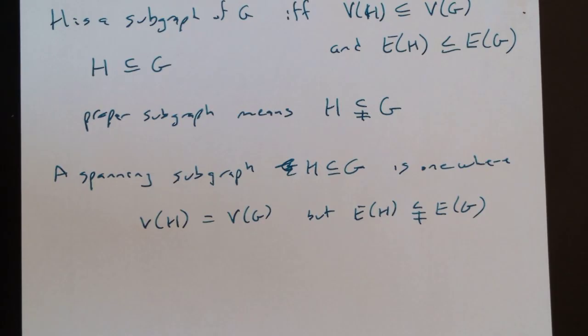I don't like that definition, but I'm going to stick with it because the textbook uses it. I will give you what I think is a better definition of spanning later.